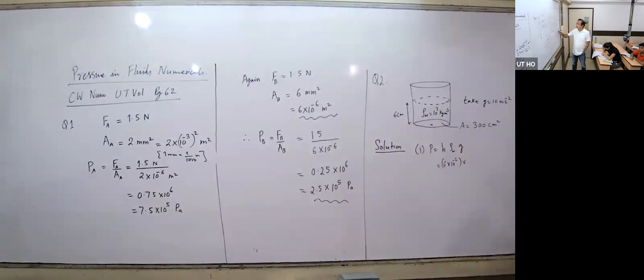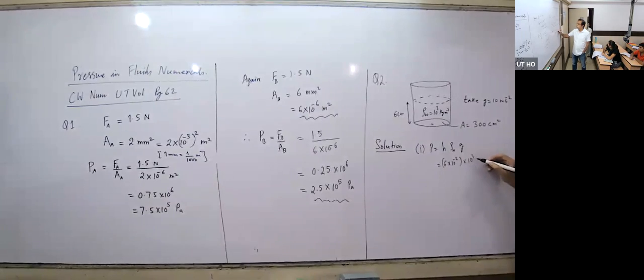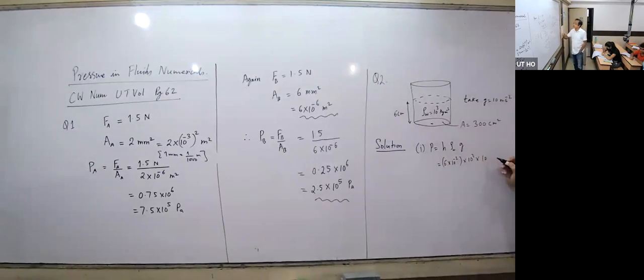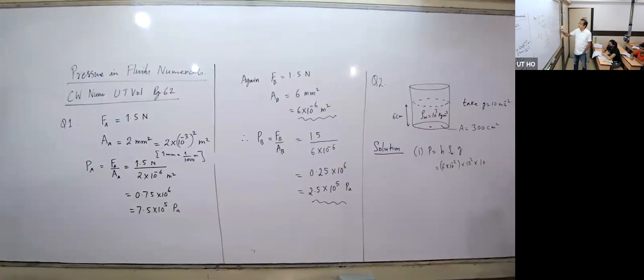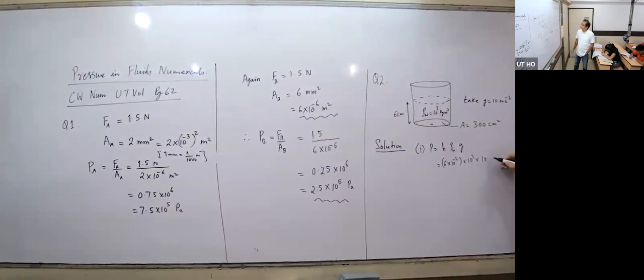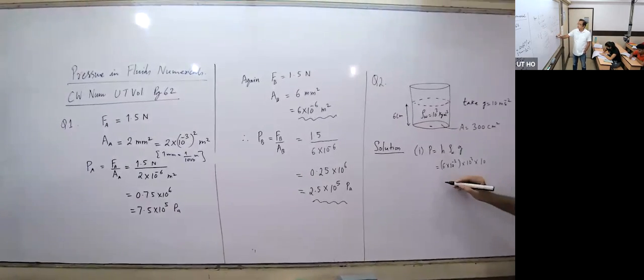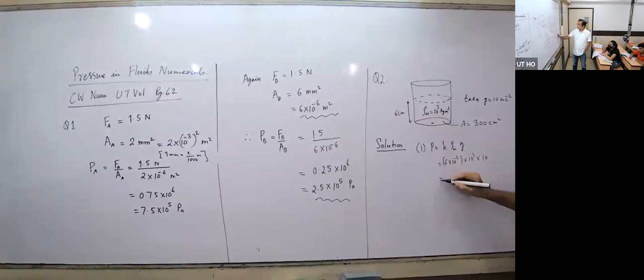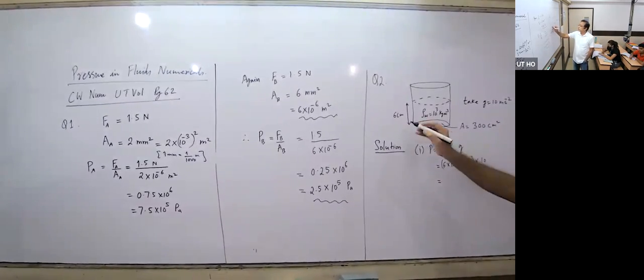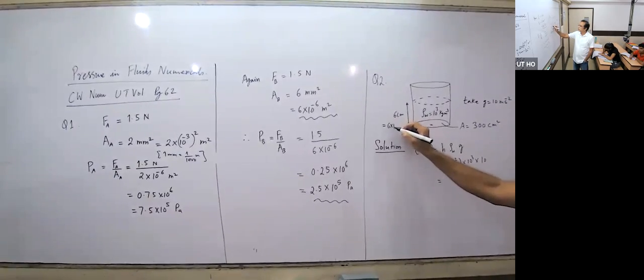Density is 10 raised to 3, and g is 10 meter per second square. So everything is in SI now. Okay. So I will write over here. This is 6 into 10 raised to minus 2 meter.